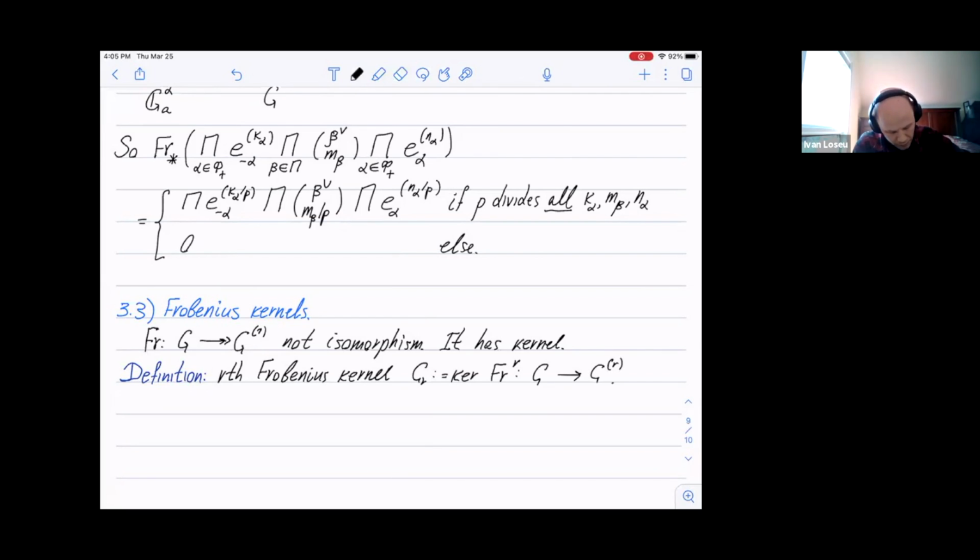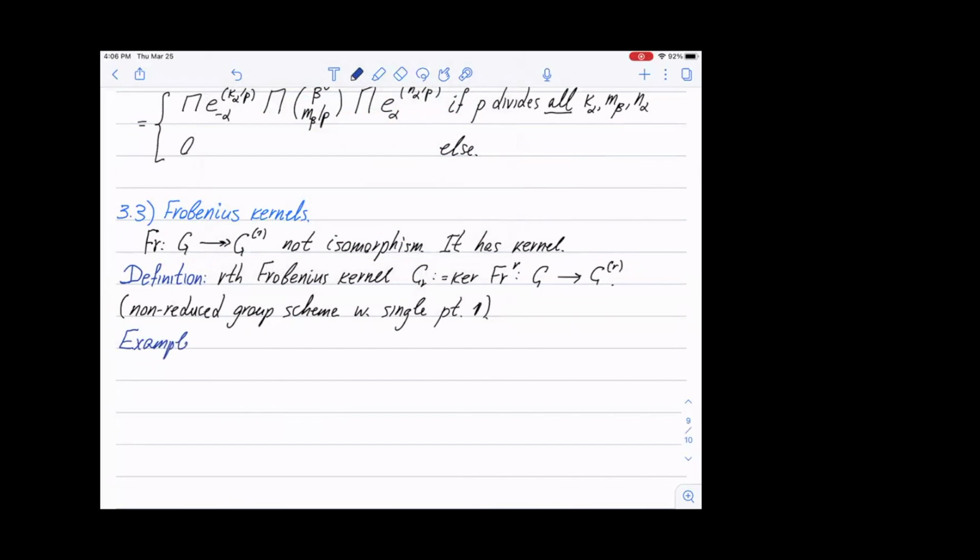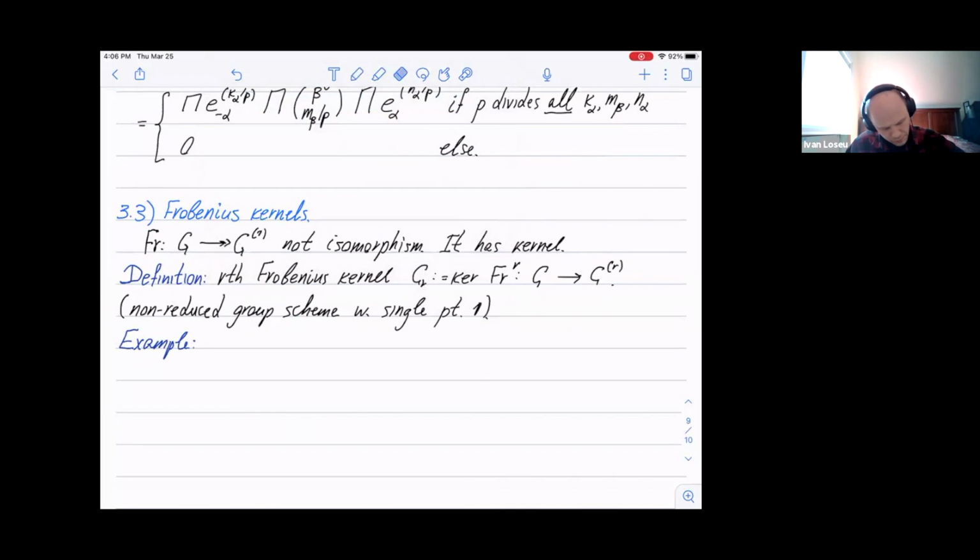And it's a non-reduced group scheme with a single point, which is 1. So let's try to consider an example of this. Let's say it's example number 1.